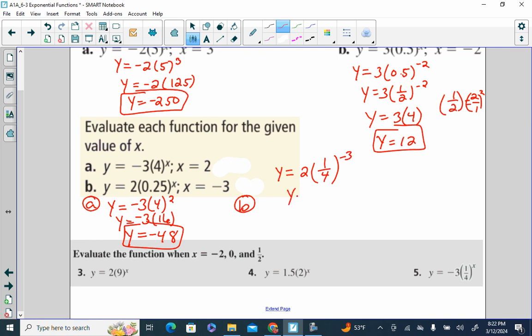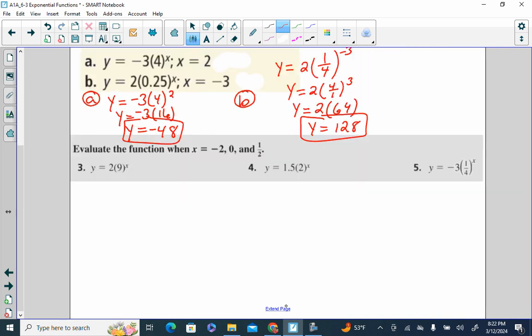So that becomes y is equal to 2 times 4 over 1 to the third power. 4 times 4 is 16. 16 times 4 is 64. So that becomes y is equal to 2 times 64. So y is going to be equal to 128.